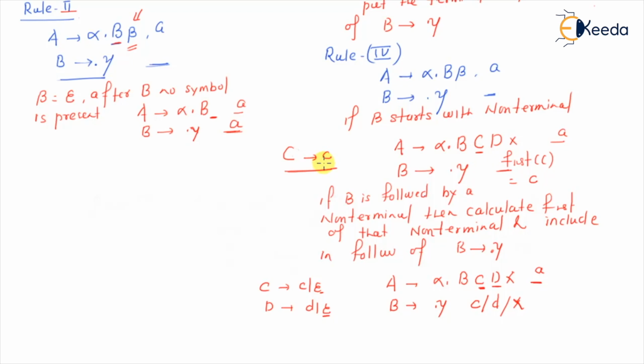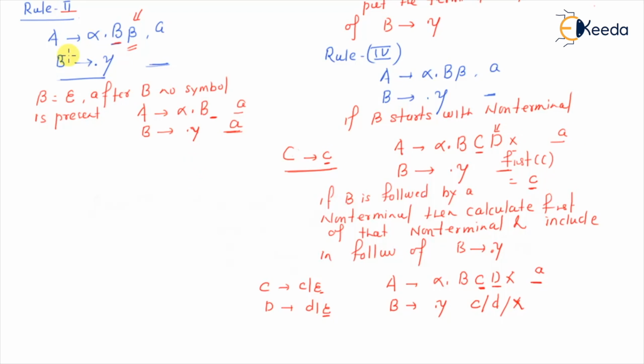If it is only c, I will include only c in the follow set. But if it is deriving epsilon, then I go to the next symbol, D, and include D. If that derives epsilon, I go to X and include X. If there is no X, then I will include A.